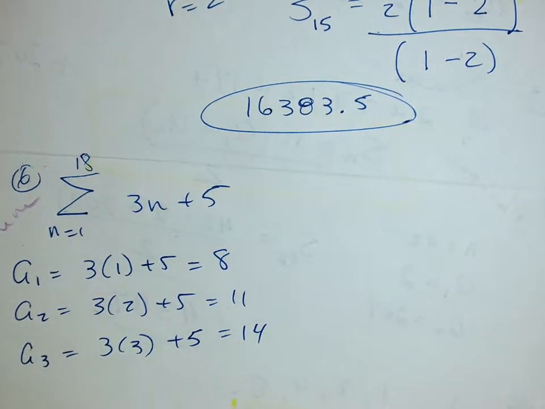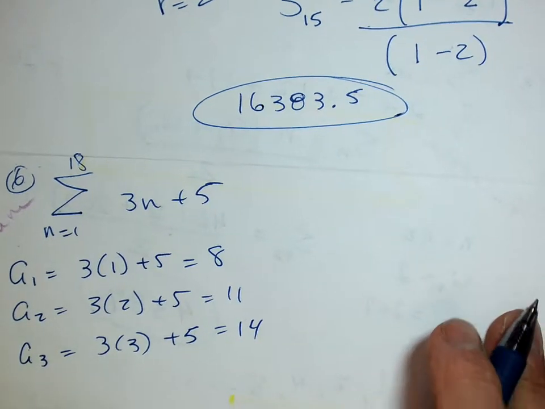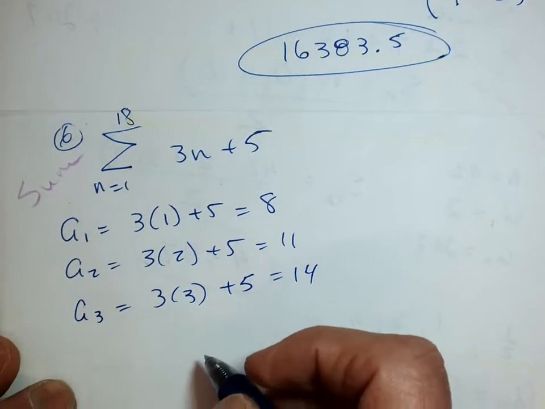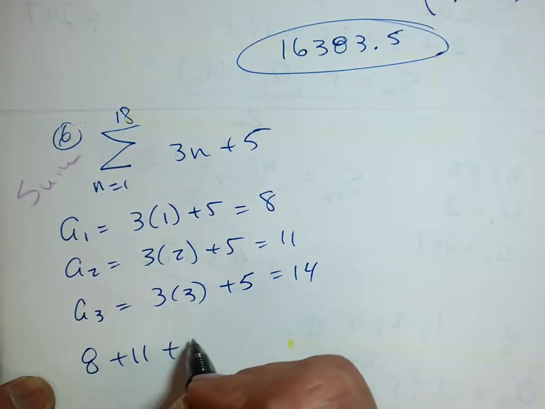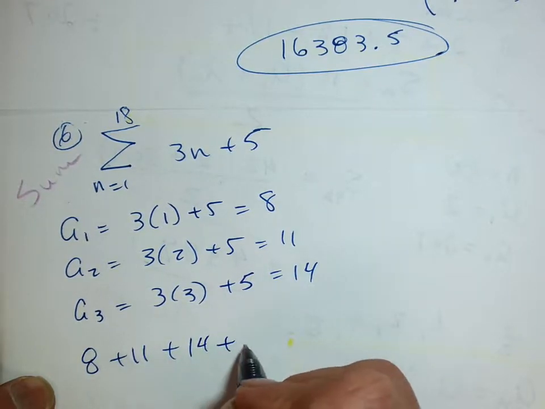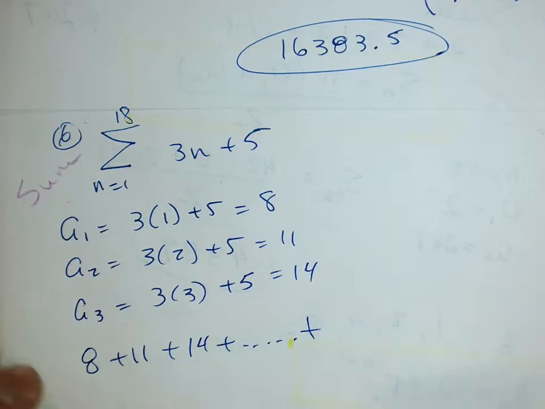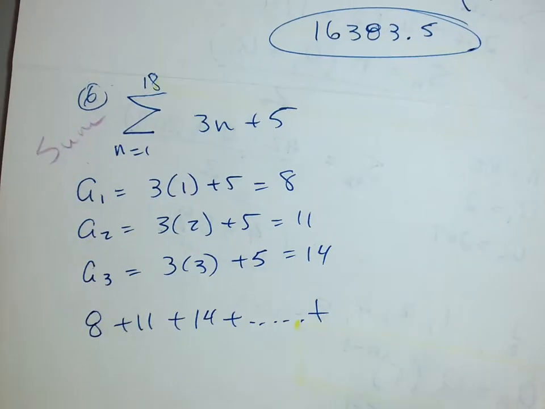Okay, so really, yeah, Ben's right. What I'm looking at is 8 plus 11 plus 14 plus dot dot dot plus until what? Well, what's the last term I'd add? It would be the 18th term. How do we make the 18th term?